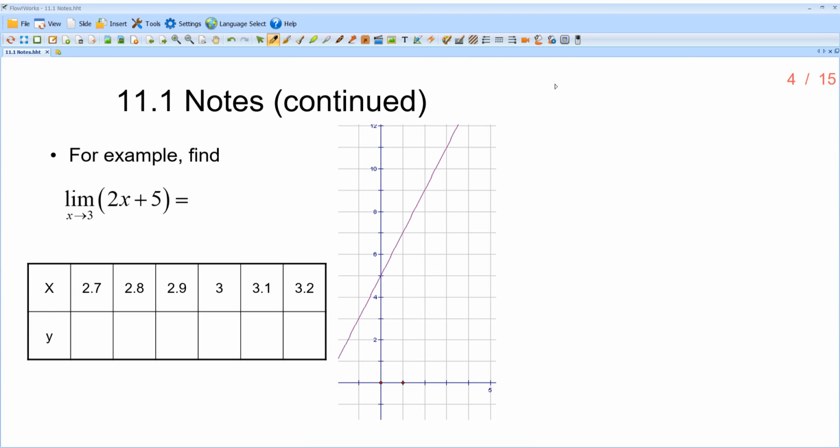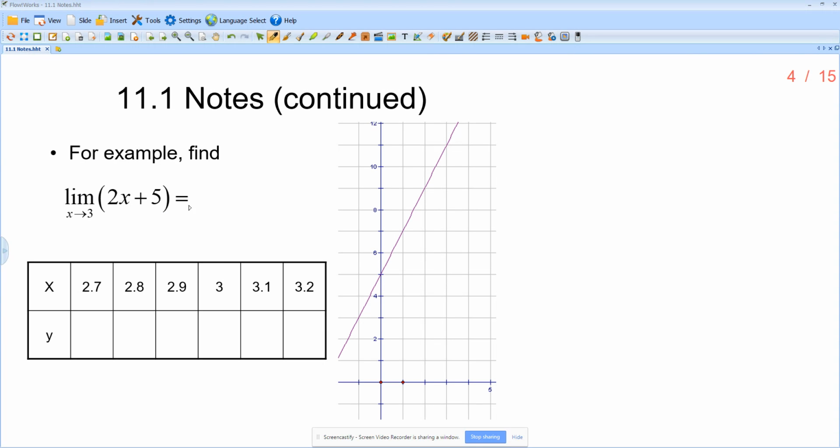So, for example, if we had the limit as x goes to 3 of 2x plus 5, if we looked at evaluating this function at 2.7, so if I substituted 2.7 into this, I would get 10.4. If I substituted 2.8 into this, I would get 10.6.